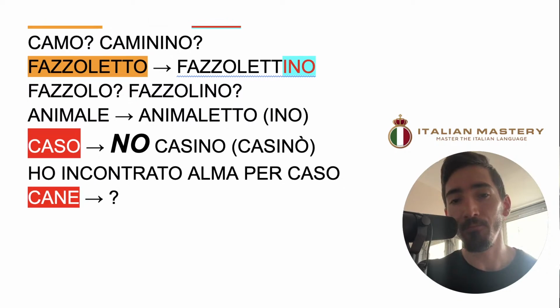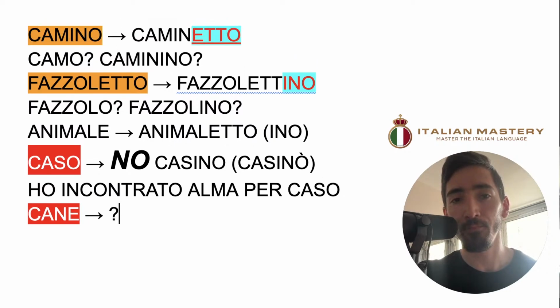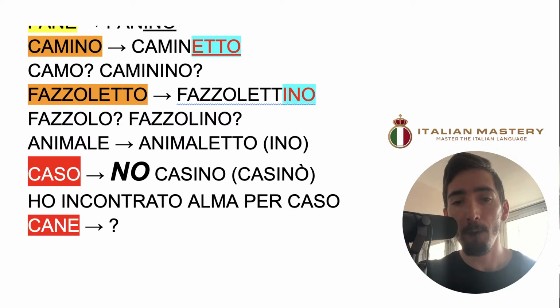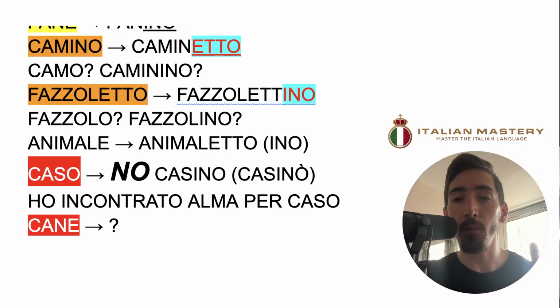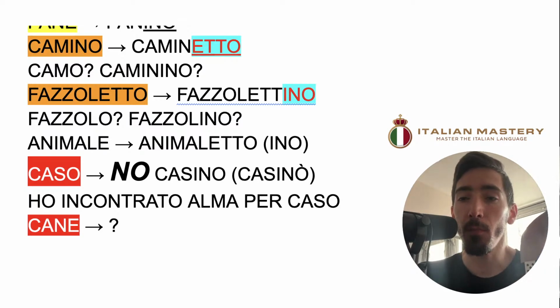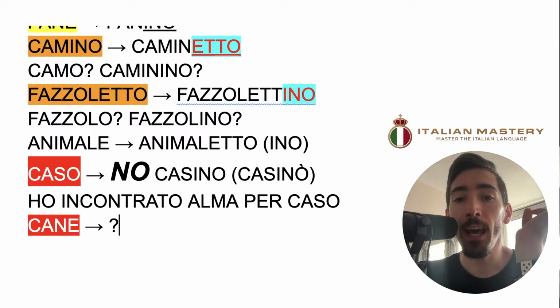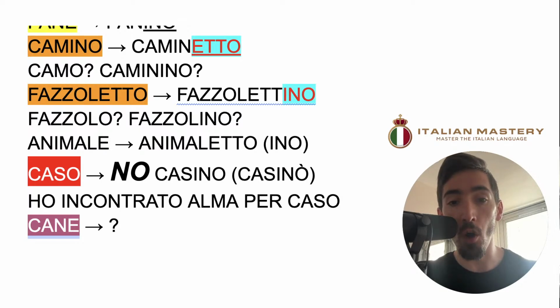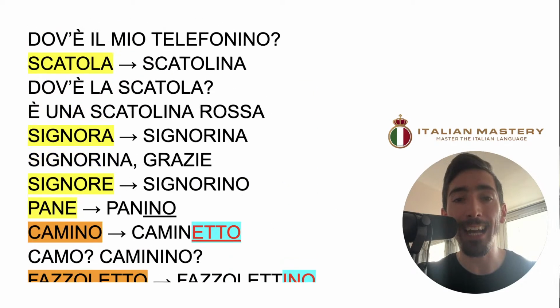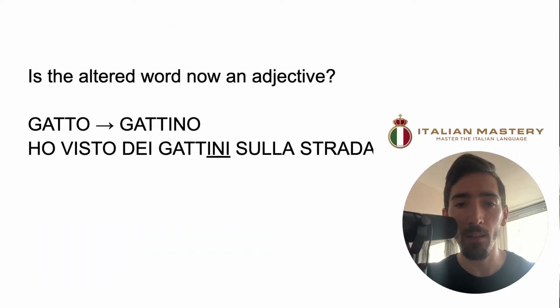What about cane? Same problem. So cane, we have a word called cane, which exists. This word exists, and it means dog, right? We looked at gatto at the very beginning, I think. There you go.